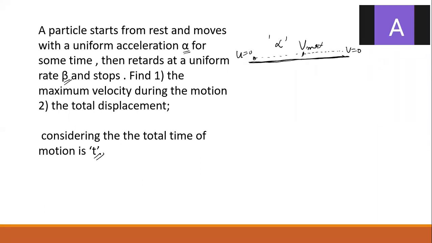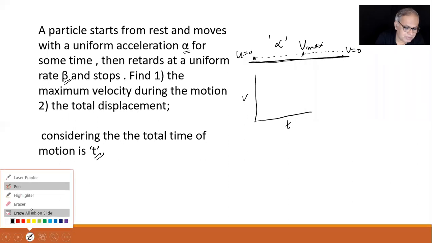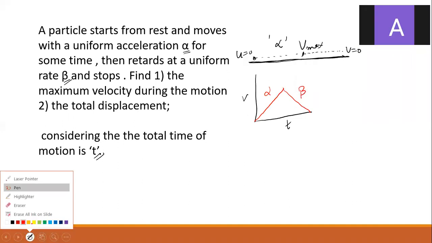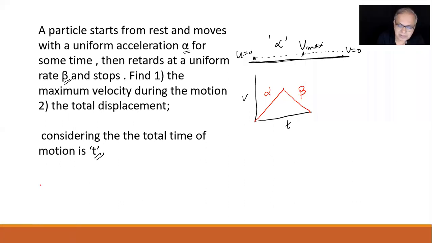Others, please. Or somebody wants to show it in the velocity time graph, you can do that. How will the uniform acceleration case be? Increasing and then falls. Yes, sir. The slopes will be different because alpha and beta are not the same.